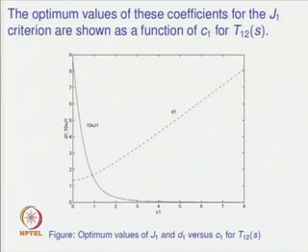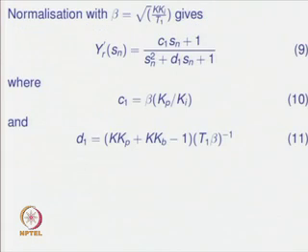Now, we have the optimum values for the coefficients of the standard transfer function, D1 and C1. The standard transfer function given by equation 9 has 2 coefficients, one is C1 and another is D1. One can find optimum values of D1 corresponding to certain C1.